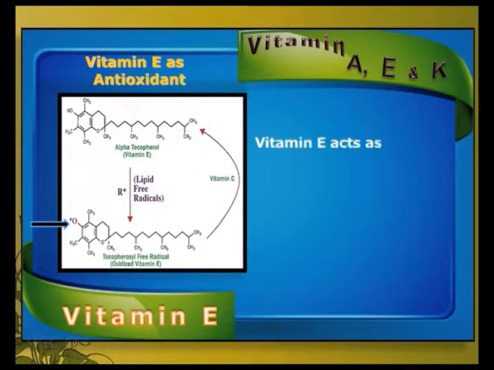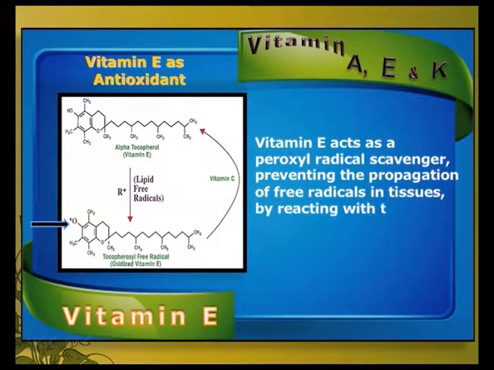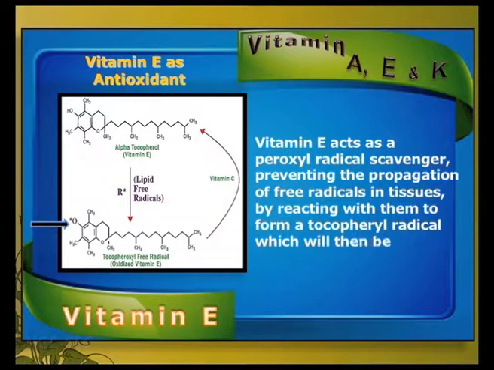Vitamin E binds to these peroxyl radicals to form tocopherol free radicals and prevents the propagation of these free radicals to damage the tissues. Tocopherol free radical is then neutralized by vitamin C and we get back tocopherol once again.